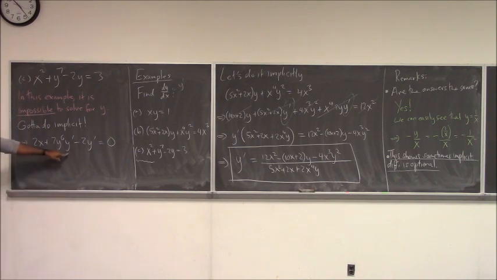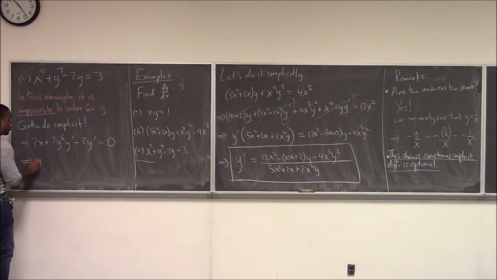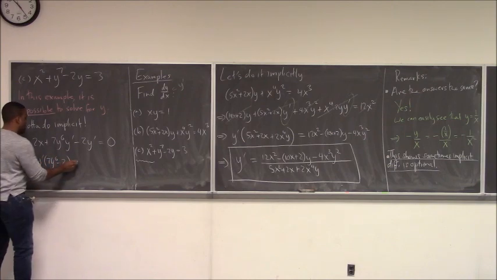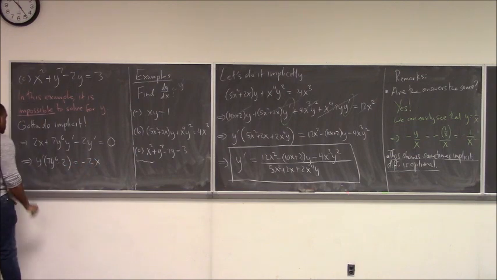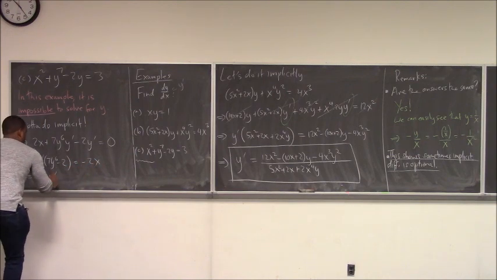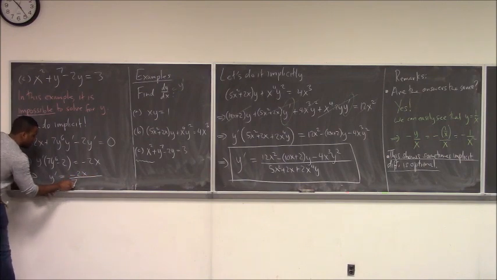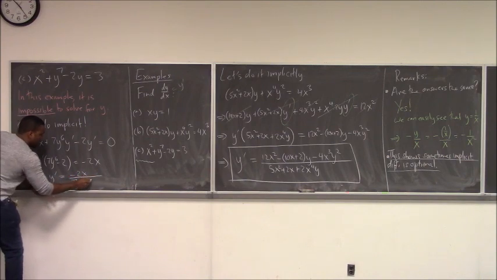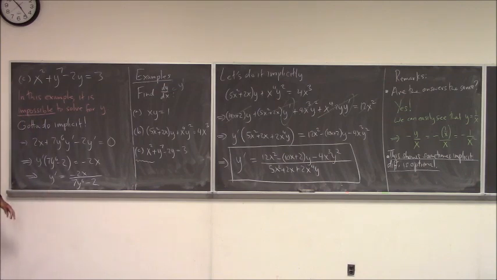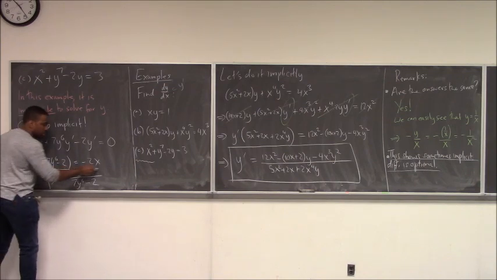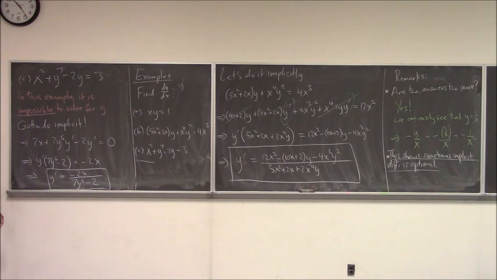And I can solve for y prime now, just like it was an algebra problem. So y prime, I would factor out 7y to the 6 minus 2, put minus 2x over there. So I'd be able to find y prime. So solving for y itself is quite literally impossible, but finding the derivative is easy peasy with implicit differentiation.